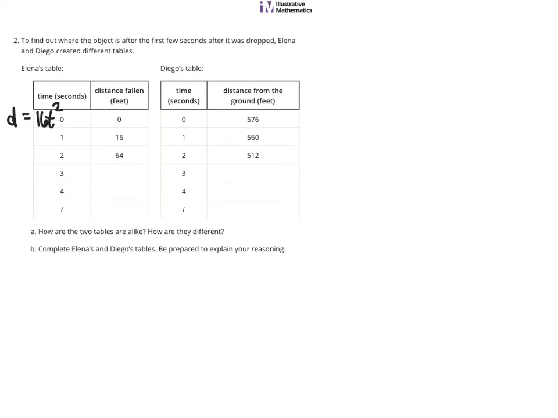So maybe Alina's time is time when the rock is thrown from the top of the building or dropped from the top of the building, and Diego's is time before it hits the ground. So they're just gathering data in opposite ways.